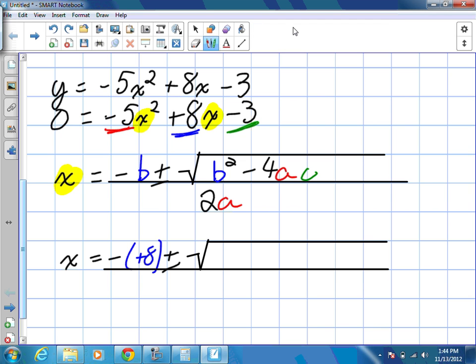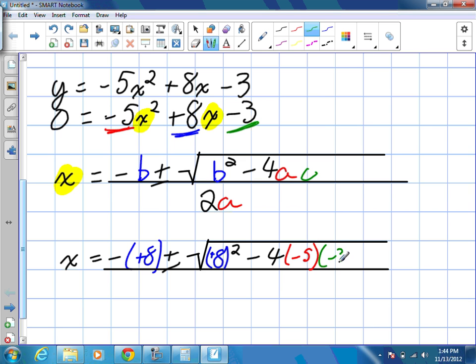Again, we're going to be using 8, or positive 8, squared, minus 4 times a, which is negative 5, and c, which is negative 3. And all of that will be divided by 2 times our a value, which is negative 5. Okay? So we've replaced all of those variables with numbers from standard form.